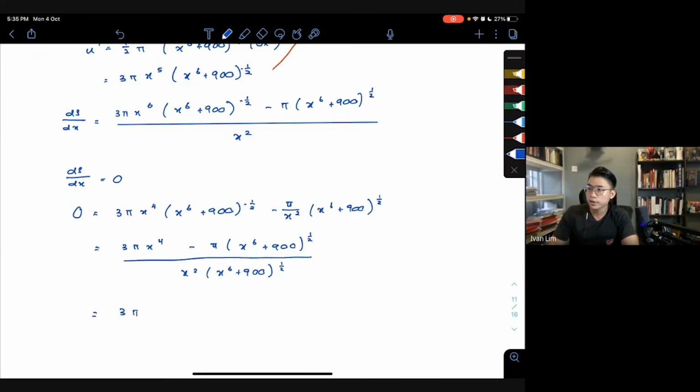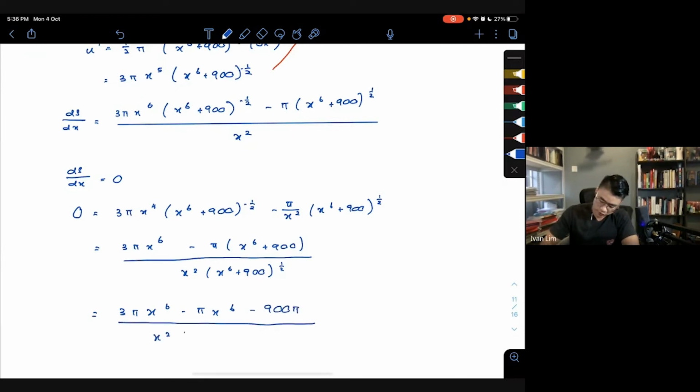3 pi, yeah, what am I writing? Here 6. 3 pi x to the power of 6 minus pi x to the power of 6. Minus 900 pi over x squared times x to the power 6 plus 900 to the power half.